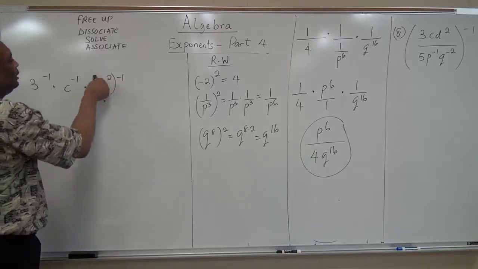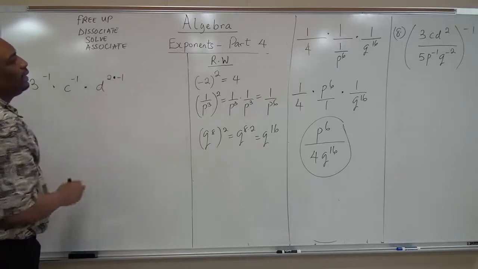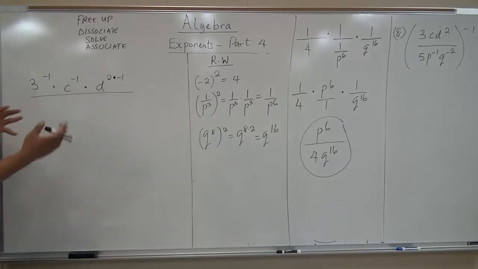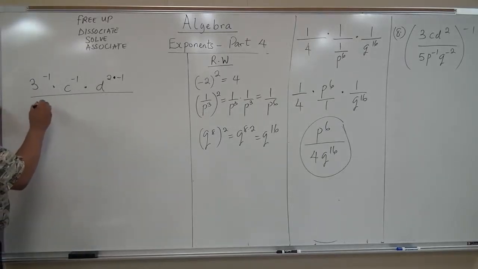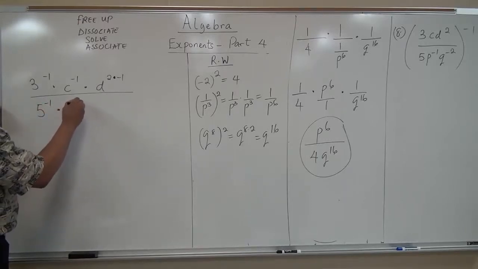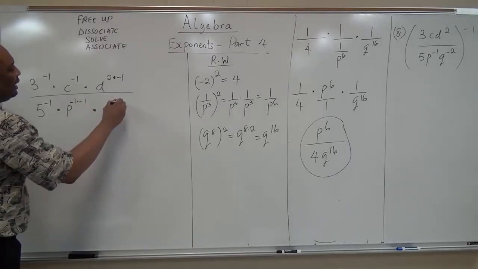I can just write it like this, d2 times negative 1, all over, as I'm freeing up, I'm also dissociating as well, 5 exponent negative 1 times p negative 1 times negative 1, then times q negative 2 times negative 1.